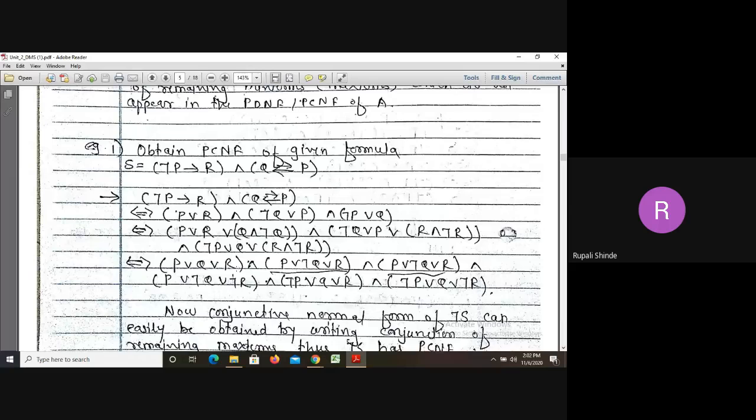Now for this PCNF we are getting 5 terms. आपला फॉर्म्युला हा 3 टर्म्स आहे, P, Q and R. So there will be total possible formulas 2 raised to 3, that is equals to 8. 8 फॉर्म्युलेज असणार आहेत, त्यापैकी 5 आपल्याला PCNF साठी आहेत. मग राहिलेल्या टर्म जे आहेत ते आपण PDNF साठी यूज करणार आहे.